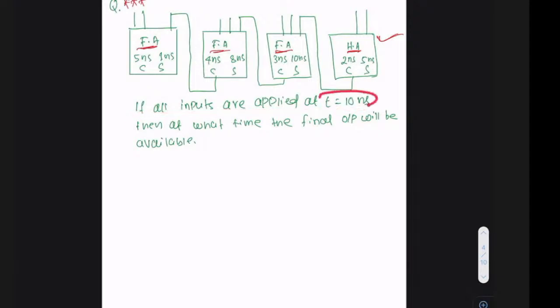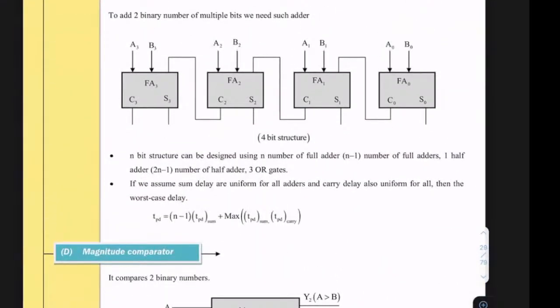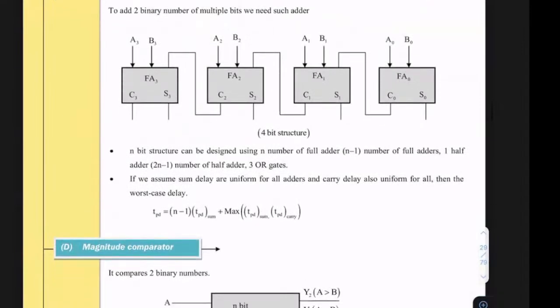at what time will the final output be available? Okay. So this is the ripple carry adder. And for the ripple carry adder, we have this standard formula. If we assume the sum delay is uniform for all adders and the carry delay is also uniform for all, then the worst case delay is (n minus 1) into TPD of sum plus maximum of TPD sum, comma TPD carry.